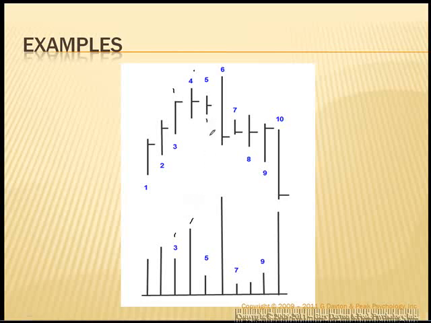On bar 5, this is how I would read this. We now have a clustering of closes all in the same area. Over 3 bars, I don't know if this is 3 months or 3 weeks or 3 5-minute bars, but whatever it is, over 3 successive time periods, we've been unable to move the market higher. The direction of the overall market has been going up.